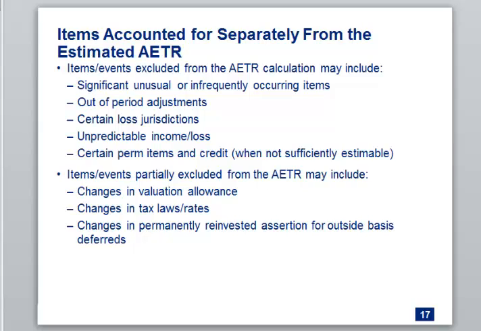It's excluded from the AETR to the extent that the benefit relates to the prior year. So for fiscal year companies, this was confusing because some of that law change actually benefited their current year, and that benefit goes into the annual rate.